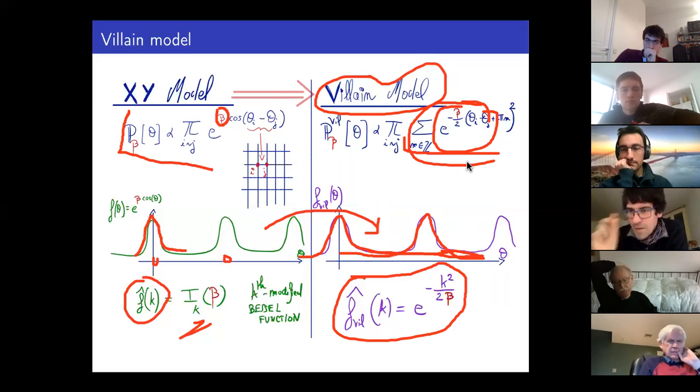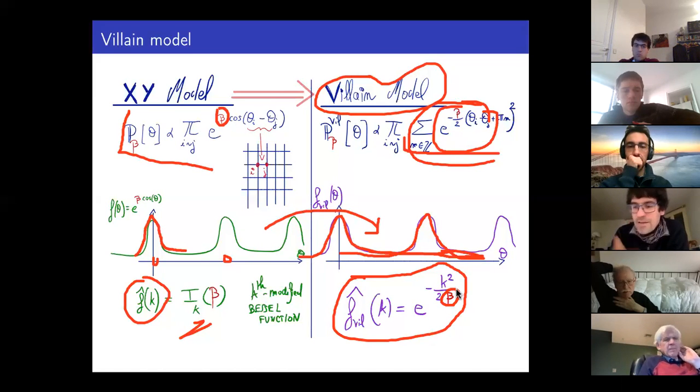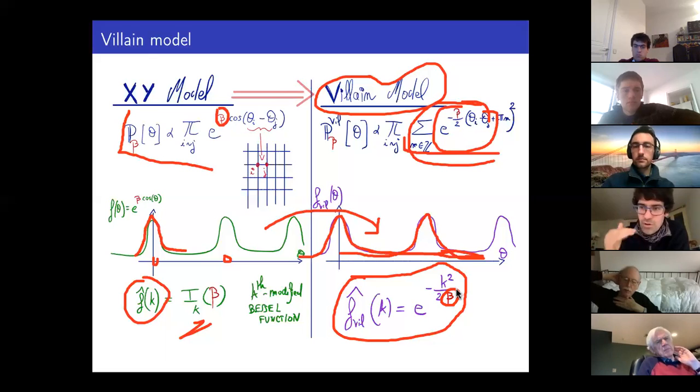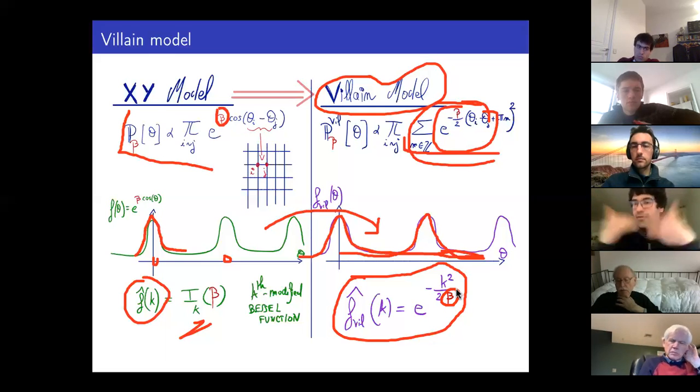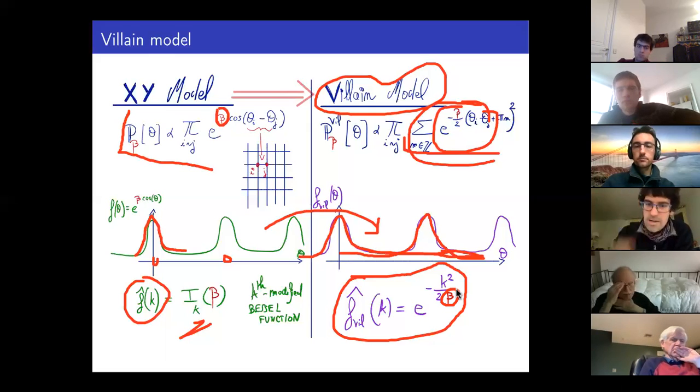And just notice one thing here, which is that the beta, which is always in the numerator in statistical physics, once you do this Fourier transform, the beta is now in the denominator. And later on in the talk, this will correspond to an inversion of temperature. Before going to the Fourier analysis, we will have the standard: large beta is a small temperature, but after Fourier inversion, after this duality, we will change the temperature. And I'll get back to it at a different moment, but this is the reason for this slide.